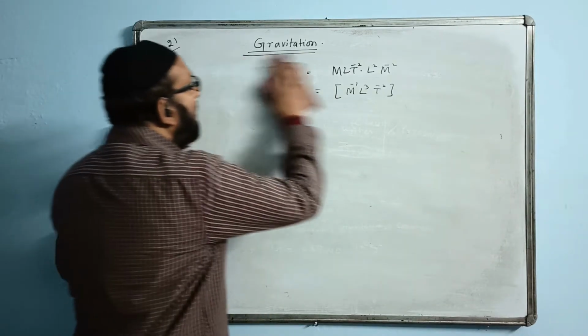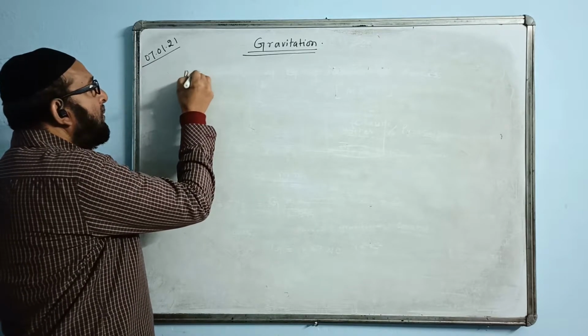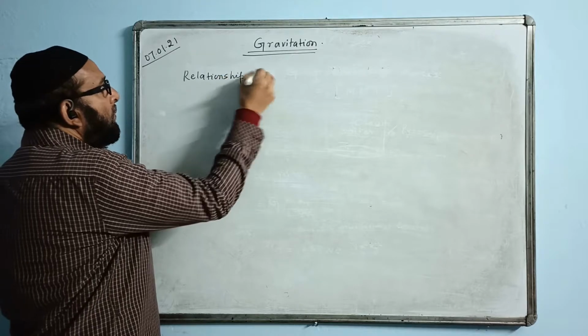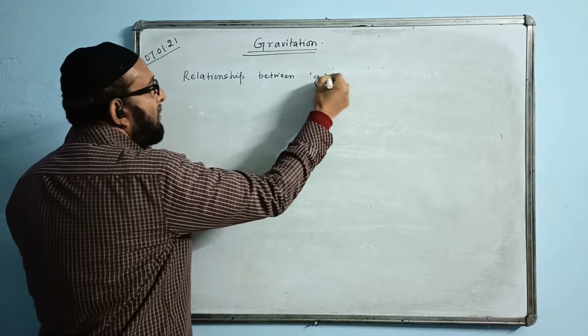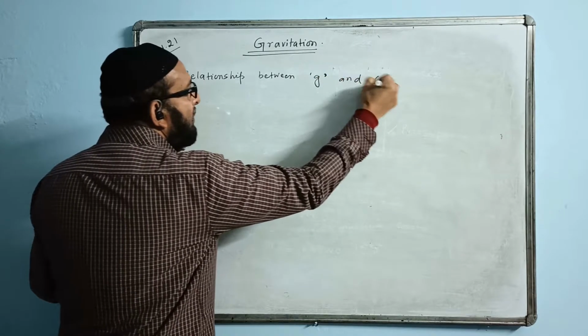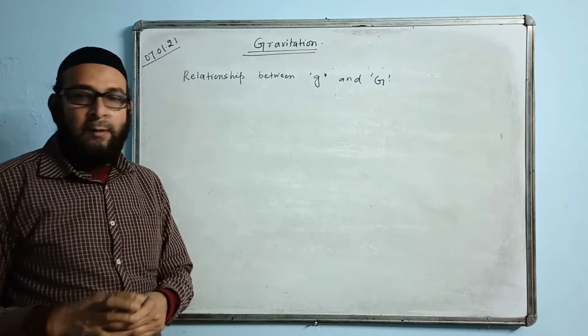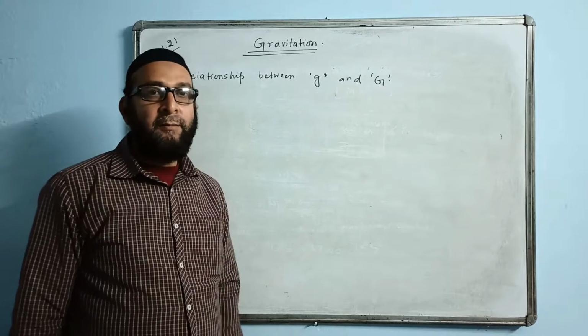Okay. Now, the next heading we give is the relationship between small g and capital G. So far as the differences are concerned, they are completely different things.